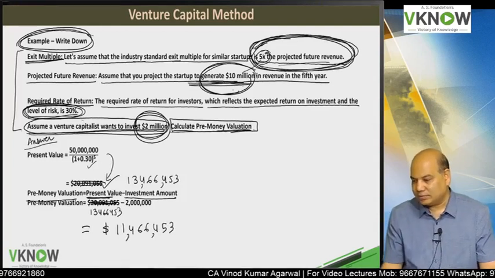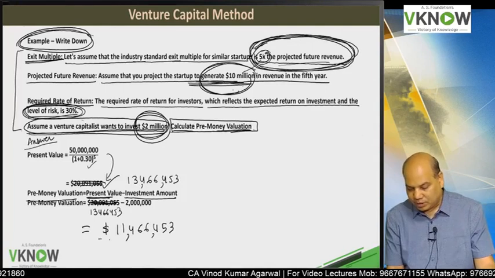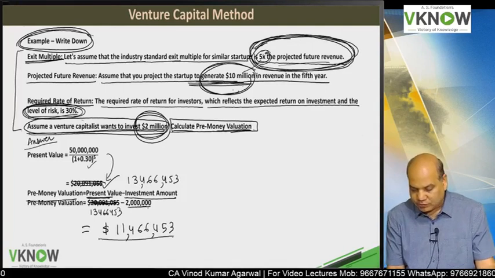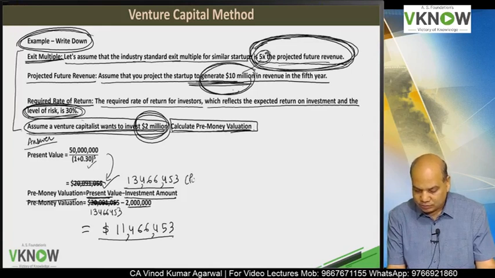That will be the answer. That will be the pre-money value. This fellow brings in 2 million and this is post-money value.